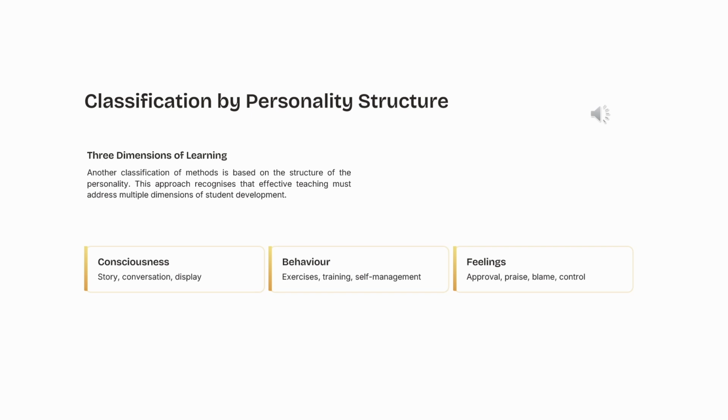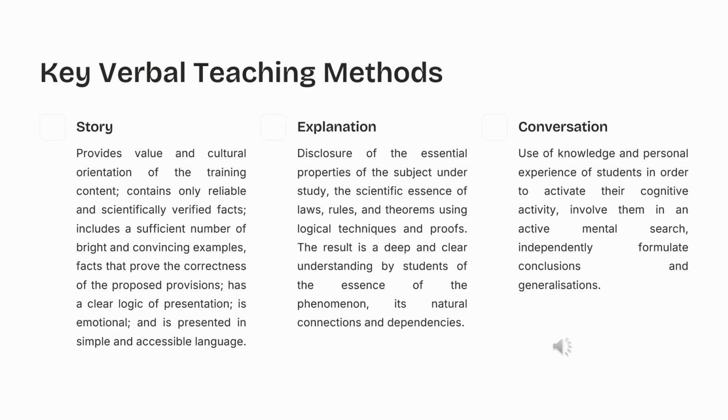educational process. The slide then turns to several major verbal methods: story, explanation, and conversation. Story is valuable when the aim is to provide cultural orientation and value content through reliable facts, vivid examples, and logically organized presentation. Explanation serves a different purpose. It reveals the essential properties of the subject and clarifies laws, rules, and relationships through logical proof.